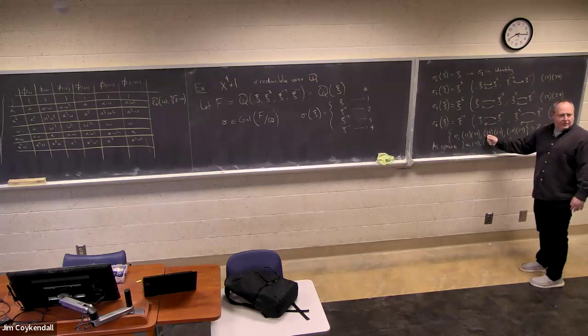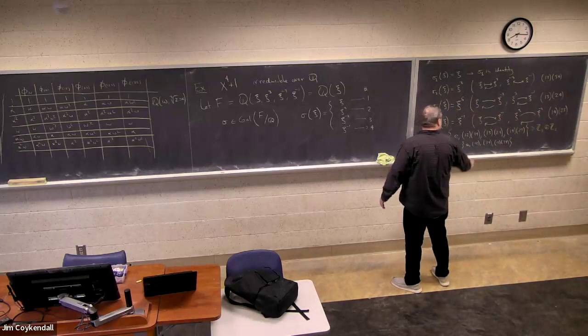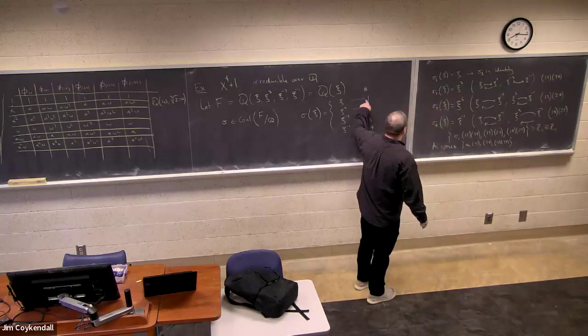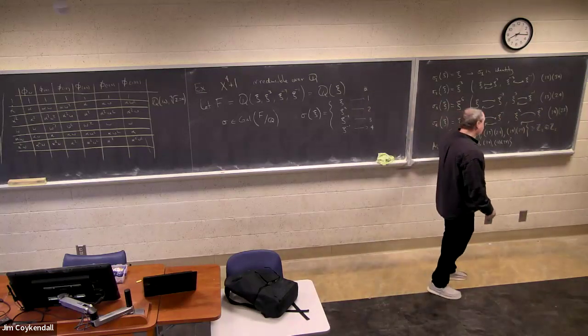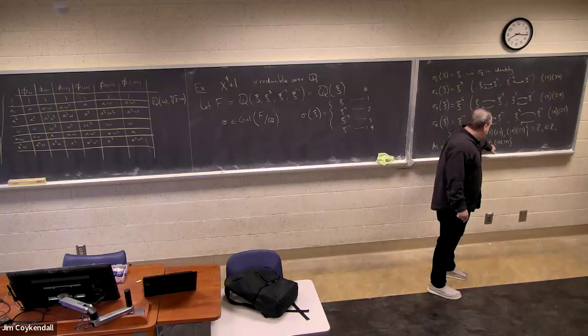Yes, this particular element of the subgroup takes 1 to 3. 3 goes to 1, well, the same one will do it. How about 2 goes to 1? This element will do it, right? This one is not transitive, because for example, if you want 1 to go to 3, you're out of luck, right? There's no element of this subgroup that takes 1 to 3.